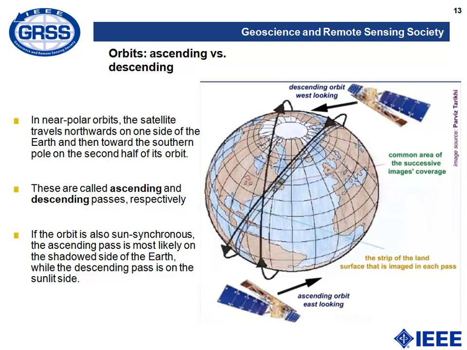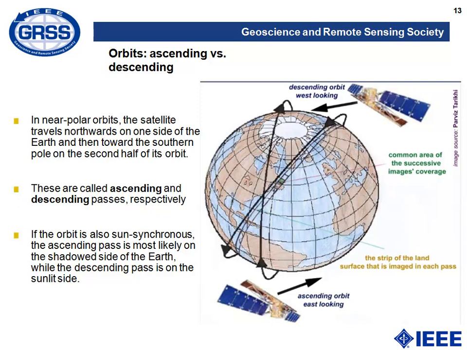So with satellites based on passive sensors, we can obtain images on the descending path, while, for instance, radar sensors can obtain images on the descending or ascending path because they are not sunlight dependent.